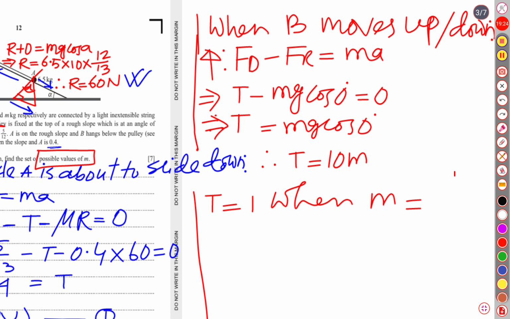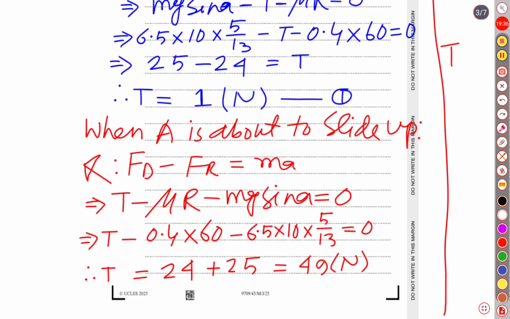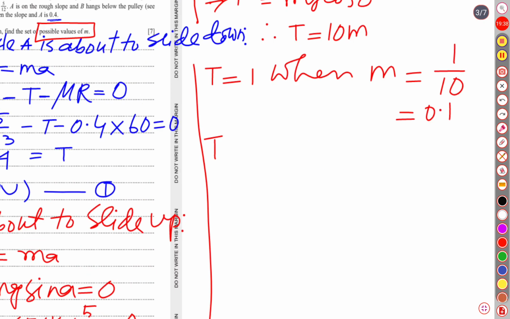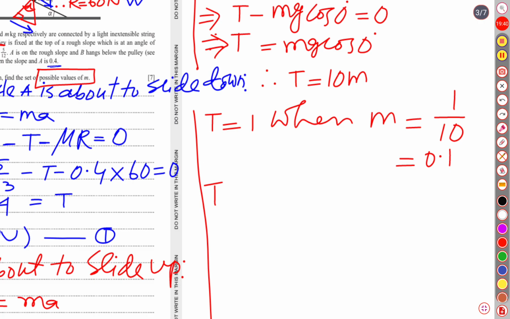T is 1, so 1 over 10, equal to 0.1. And what was the second value we obtained for the tension? The second value was 49. T is equal to 49 when m is equal to, same, tension is 49, so 49 over 10.